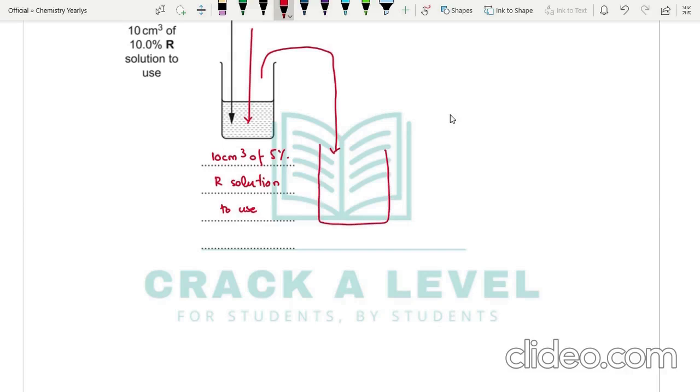Then we will have another arrow, this will be another arrow, we are going to be transferring 10 cm cube of W again, and this will be 10 cm cube of 5%, actually 5% are transferred.